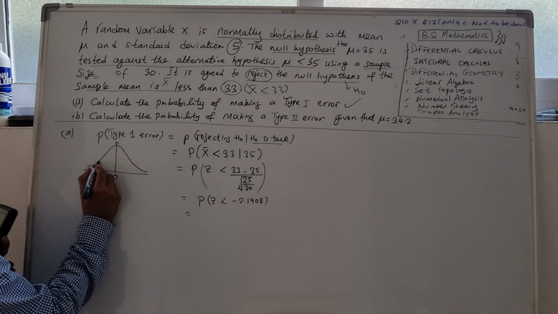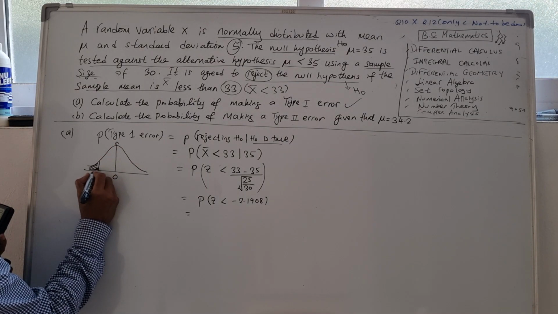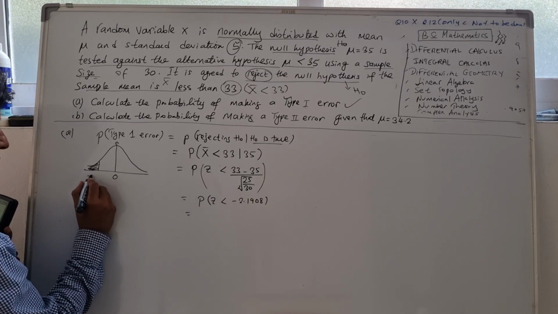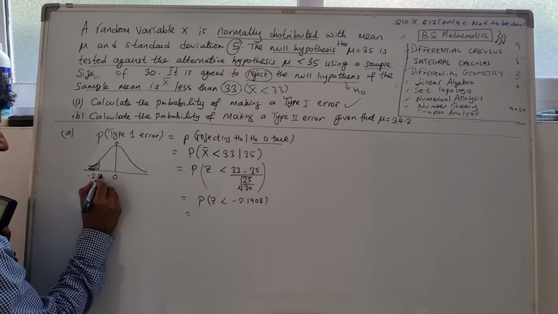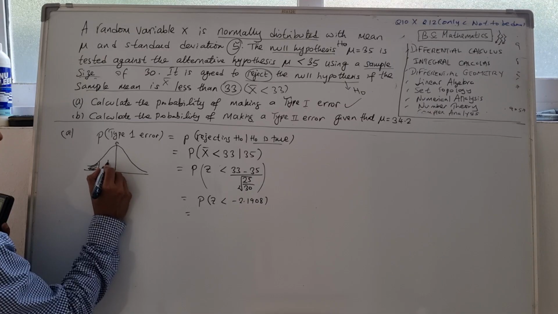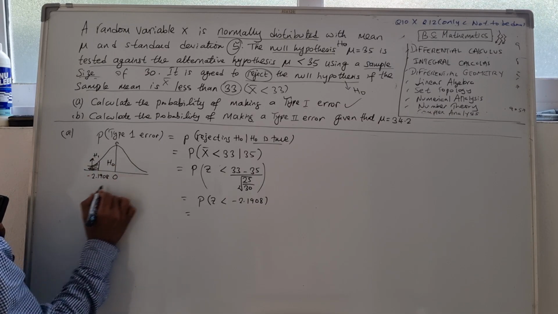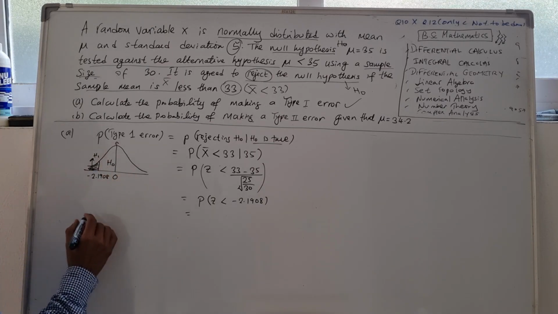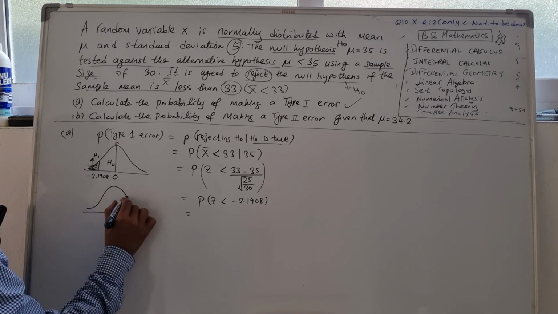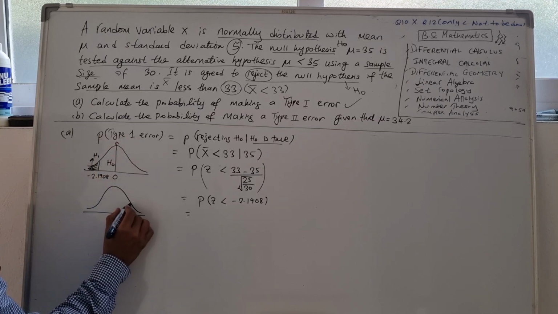Now you're going to have to standardize. Remember, this is where your region is, at minus 2.1908. This is H0, and this is H1. If you were to standardize this, you should reflect it on the other side.